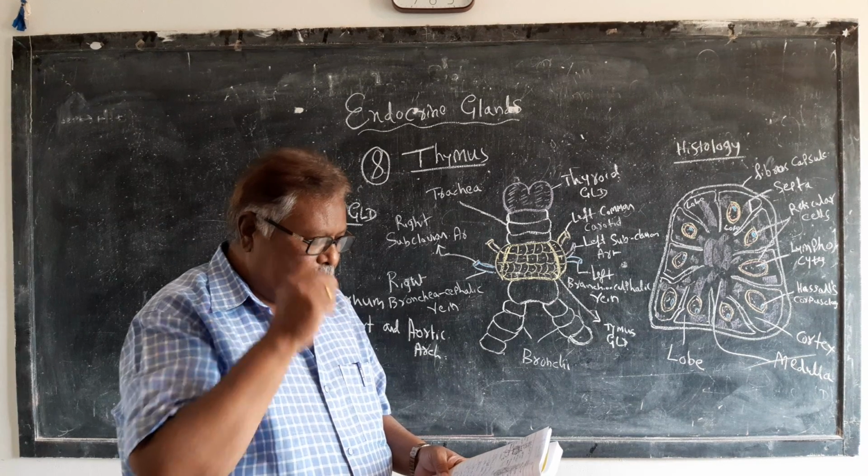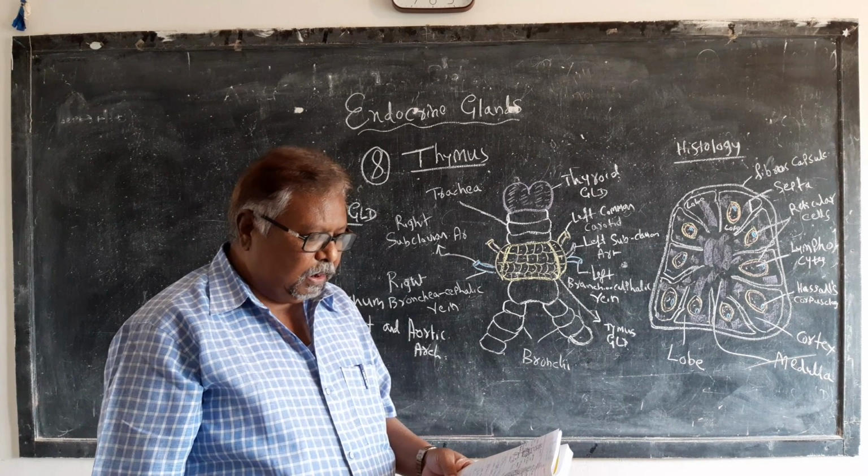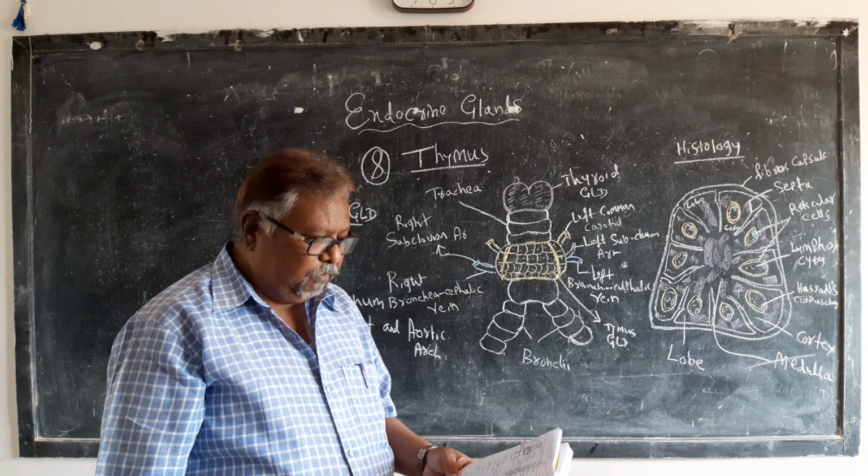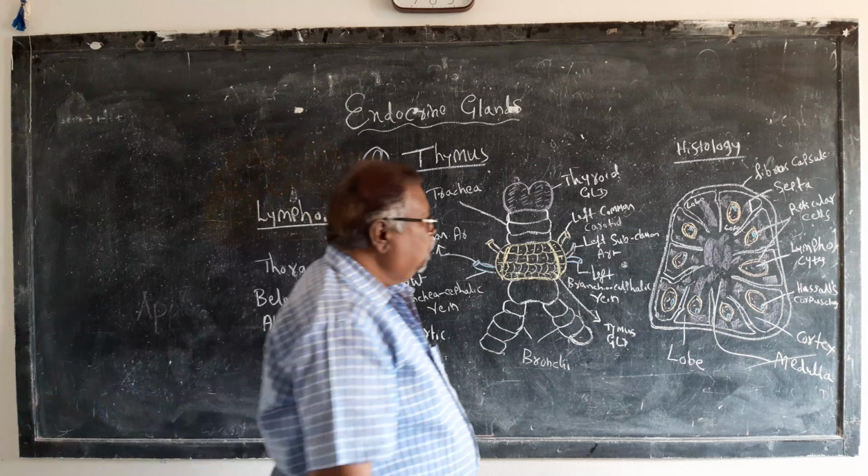In the cortex, there are dense collections of lymphocytes supported by a branching network of reticular cells.